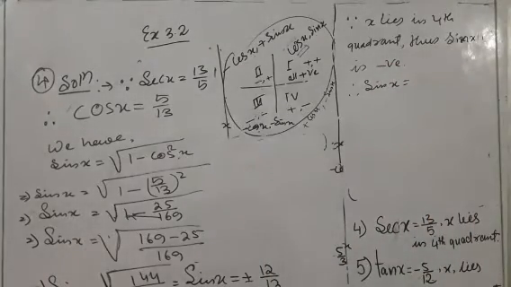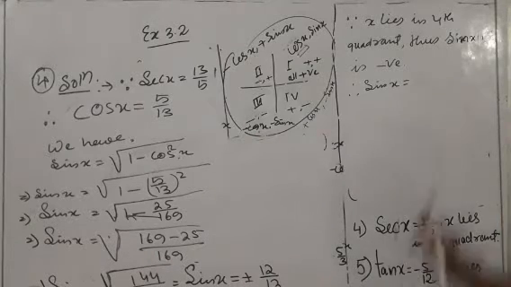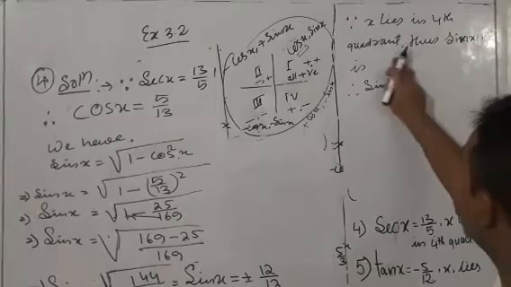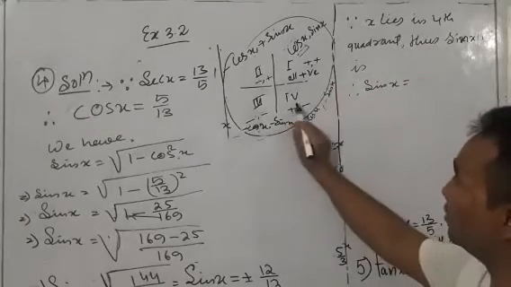If it is negative, that means it will be minus 12 by 13. So plus 12 by 13 will not be considered. Why will it not be considered? Because x is lying where? X is lying in the fourth quadrant.